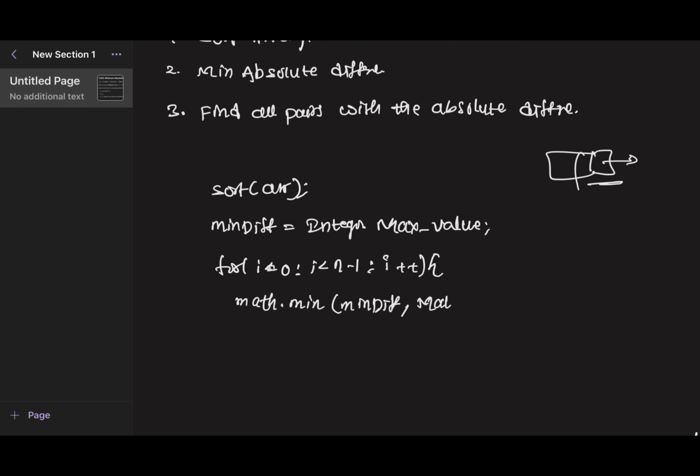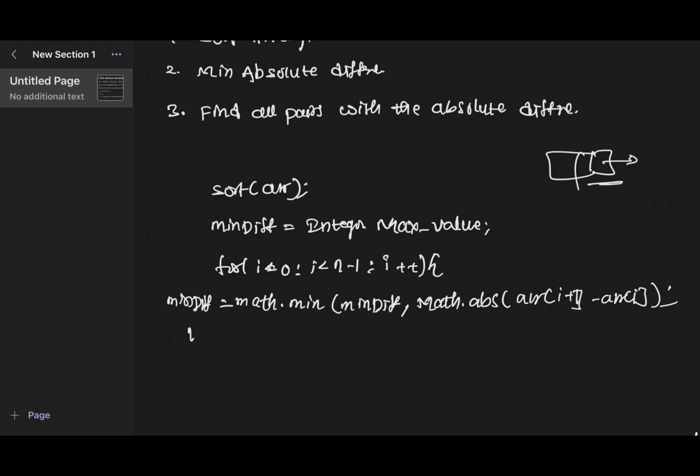So we need absolute value, so we'll use the ABS method, Math.abs of, between which elements we need, between ARR of i plus 1 minus ARR of i. Okay, we'll find the minimum difference between these two elements. Once we do this, we assign it to the minimum diff.